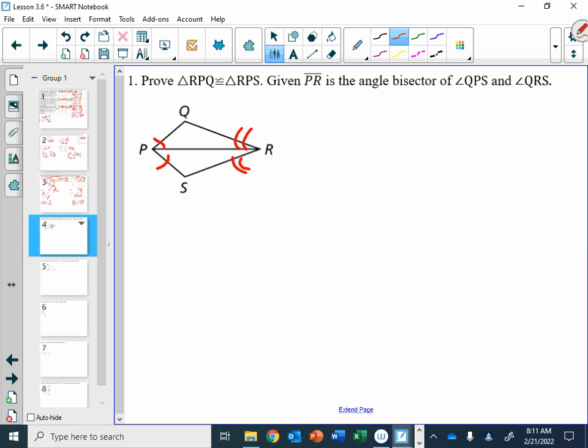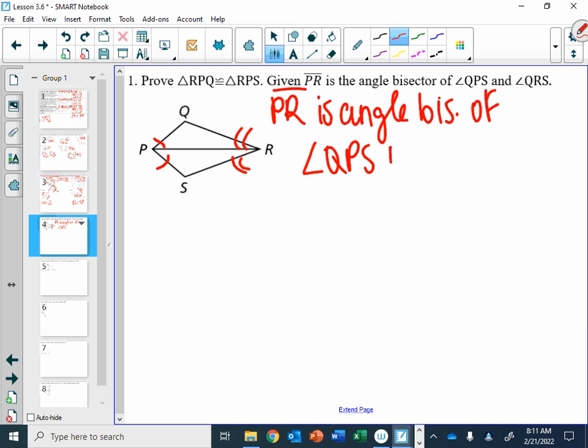Now that we've talked about what an angle bisector is, what is the very first step in the proof? Write your givens. I was given that PR is the angle bisector of angle QPS and QRS.